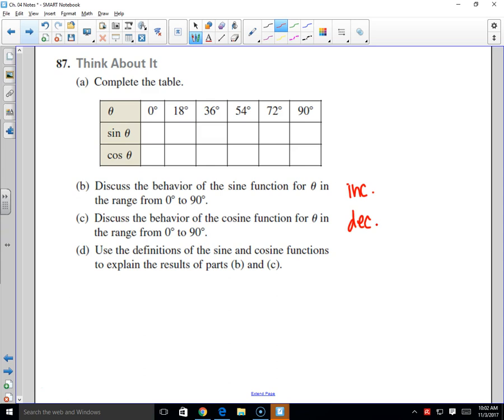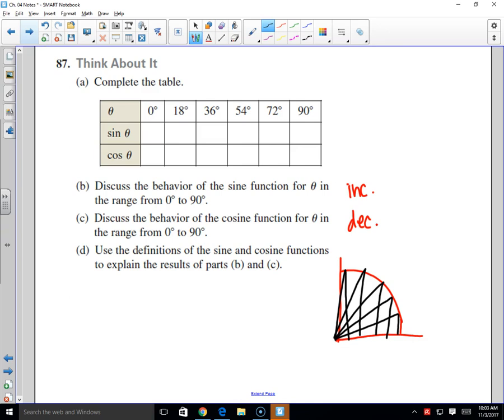Use the definition of sine and cosine to explain the results of parts B and C. If I were you, looking at the first quadrant, I would think about a triangle. And as you fit in an inscribed triangle, what's going on to the adjacents as the triangle gets closer and closer to 90?